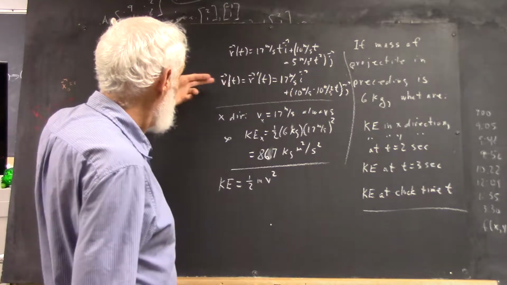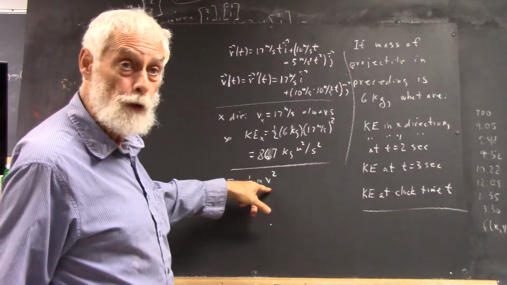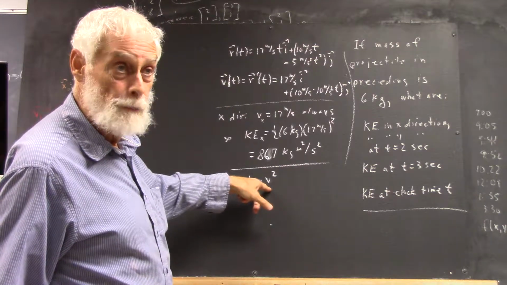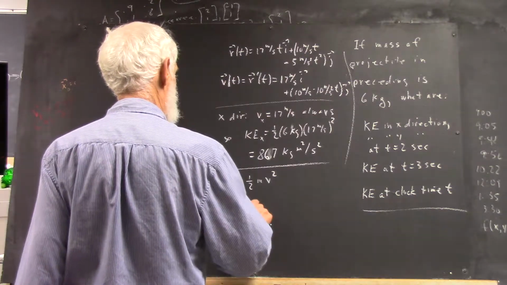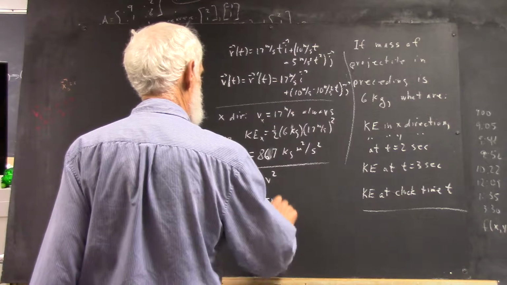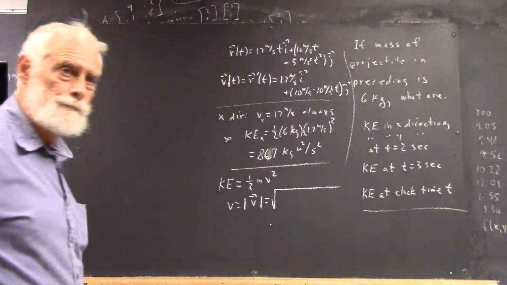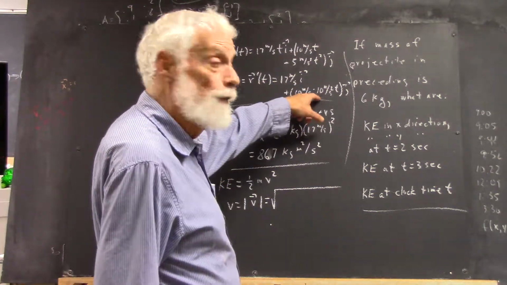Here's your v. That's your vector v, right? What do I mean by v without an arrow over it? The magnitude. Means the magnitude. Right? It's the square root of this squared plus this squared, right?